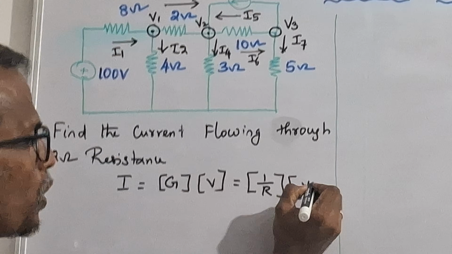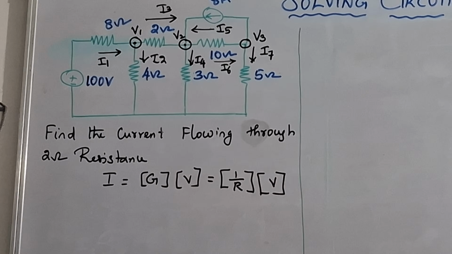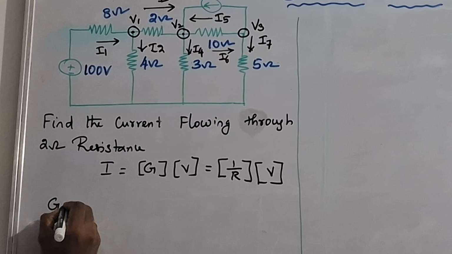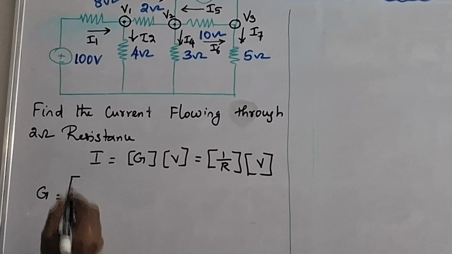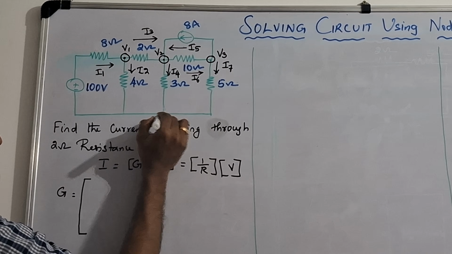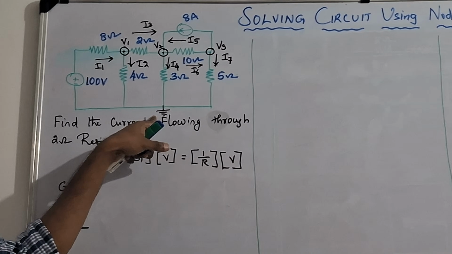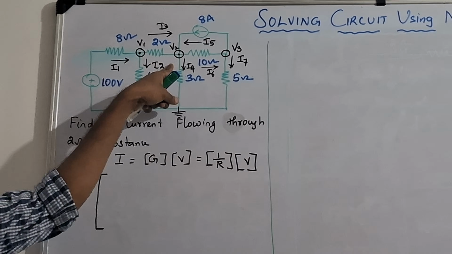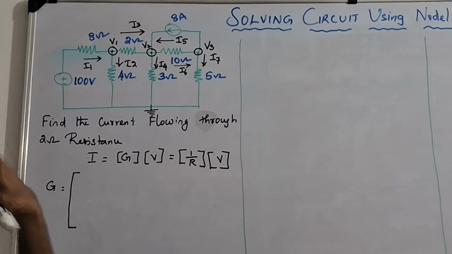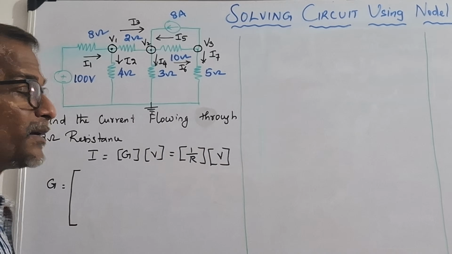In this conductance matrix, we have 3 nodes, 1, 2, 3, and this is the reference node. We don't need to consider the reference node, so we have V1, V2, V3. The reference node voltage we assume as 0. Therefore we have a 3 cross 3 matrix.